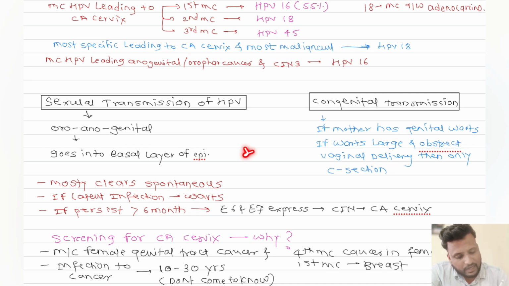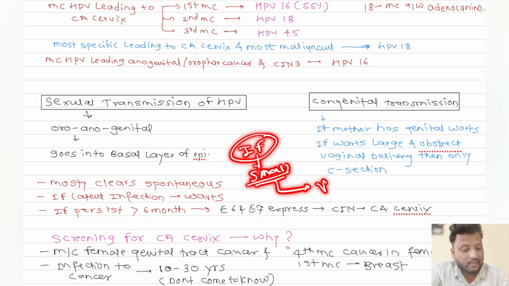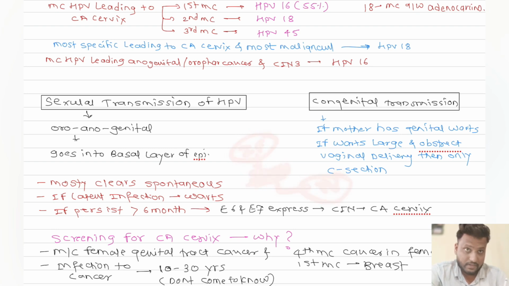Now if the mother has small genital warts, then you should carry out a normal vaginal delivery, no need of C-section. But if the warts are large enough that they obstruct the normal vaginal delivery and they are bleeding, then only C-section. So normally no C-section, but if there are large warts that obstruct vaginal delivery, then only we can do a C-section.